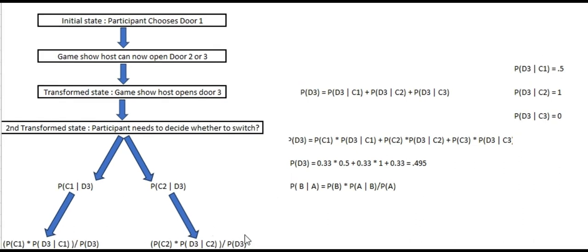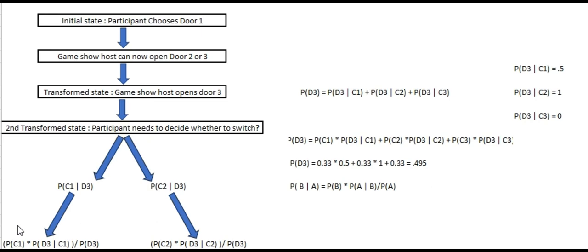Now, if you look closely at the expanded forms of these probabilities, you will see that each of the components of the conditional probabilities have already been calculated. Say for example, on the left hand side, we already know what is the probability of finding the car behind door 1, which is P of C1.